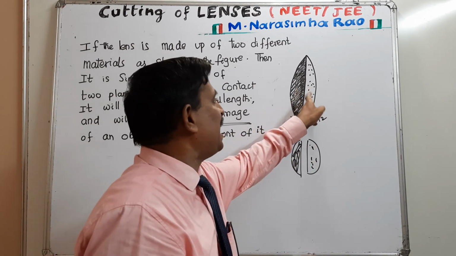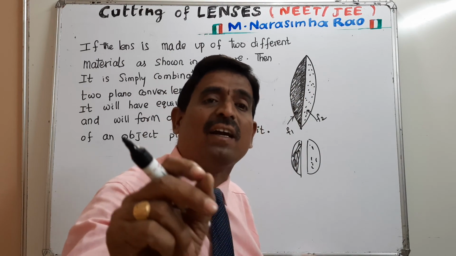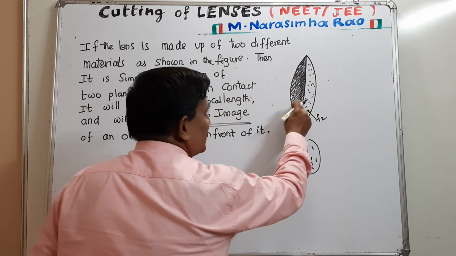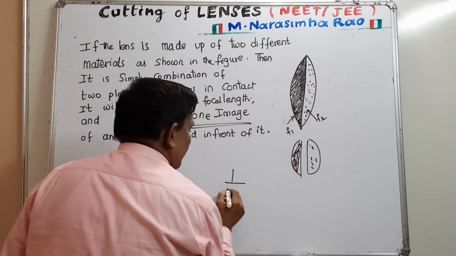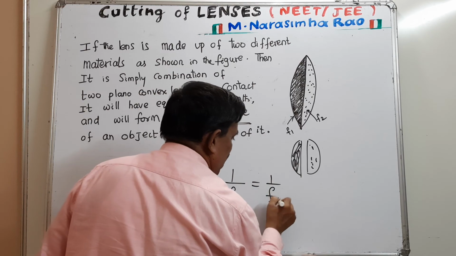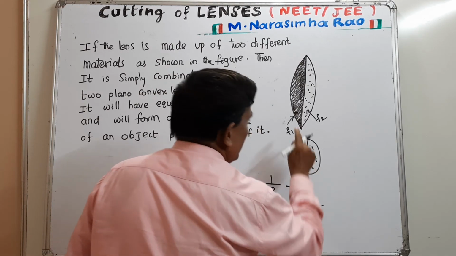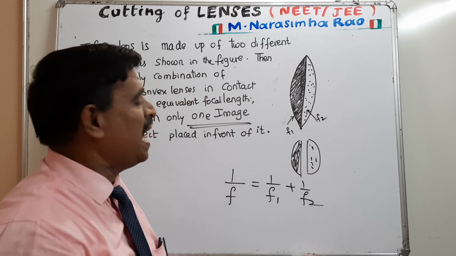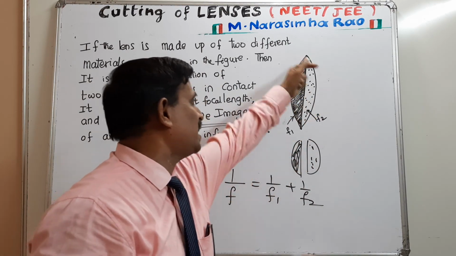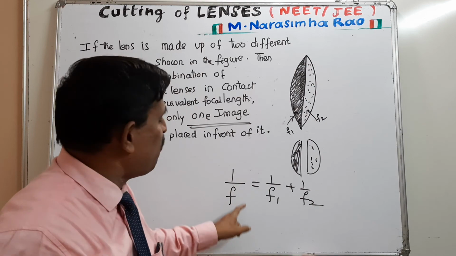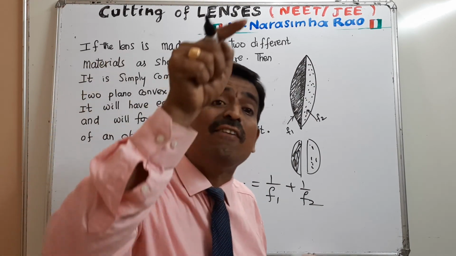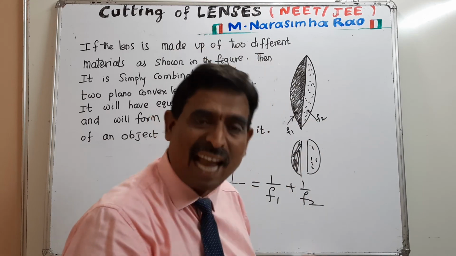This combination has an equivalent focal length. Formula, if the lenses are in contact, equivalent focal length 1 by f is equal to 1 by f1 plus 1 by f2. f1 is the focal length of this lens, f2 is the focal length of this lens, and the equivalent focal length of this combination is this one. Finally, one focal length. We are getting only one image. Thank you.